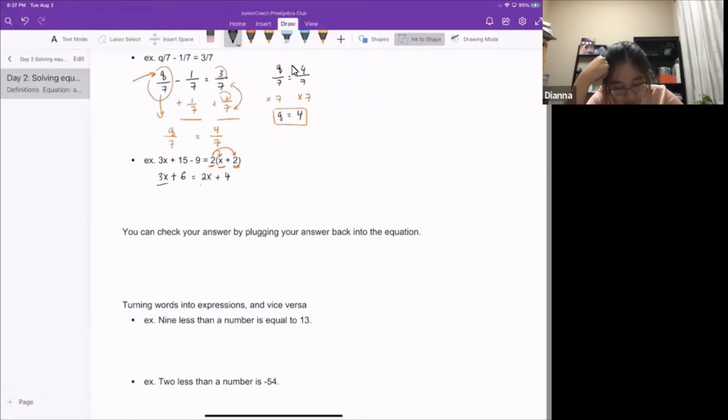Well, I have x on both sides. So I'm going to try to get them all on one side. I'm going to actually subtract 2x here. We'll do it in orange maybe. I'm going to subtract 2x here and subtract 2x here, right? Whatever you do to one side, you have to do to the other side.